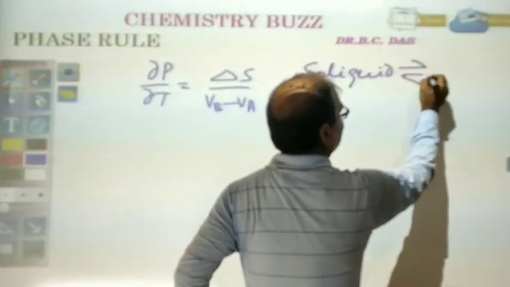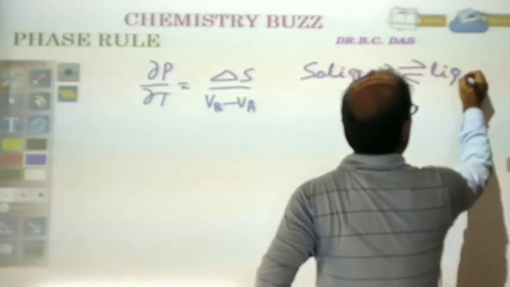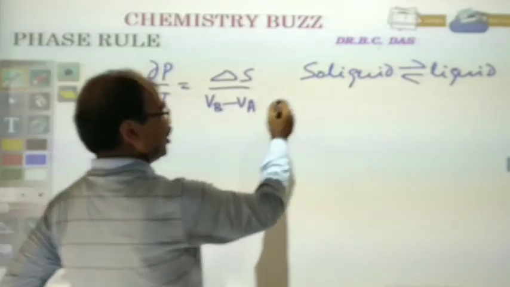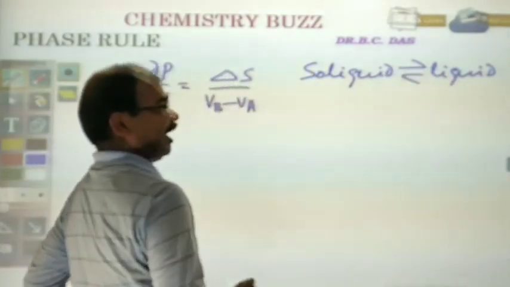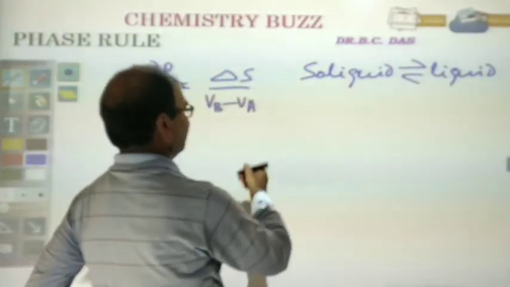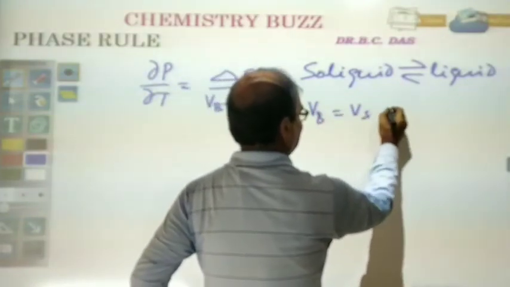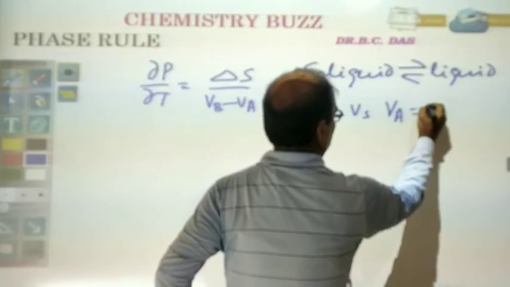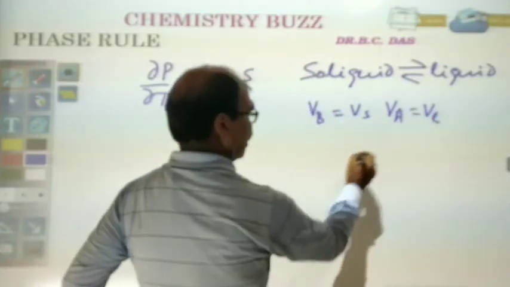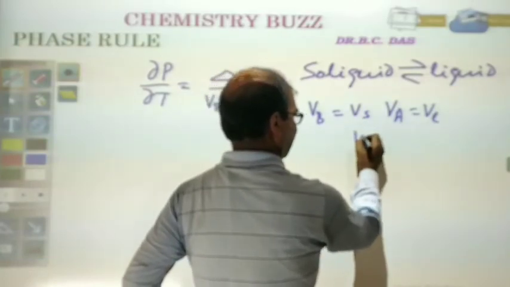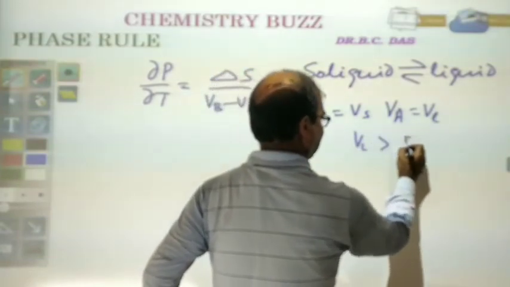For solid liquid equilibrium, when solid changes to liquid at its melting point, V_B is equal to V_l and V_A is equal to V_s. And here the volume of liquid is more than the volume of solid, so V_l is greater than V_s.